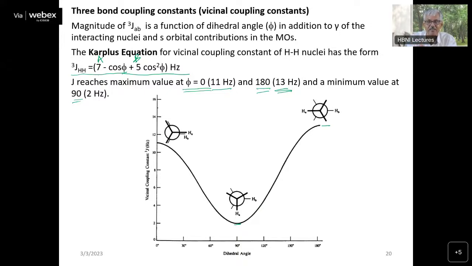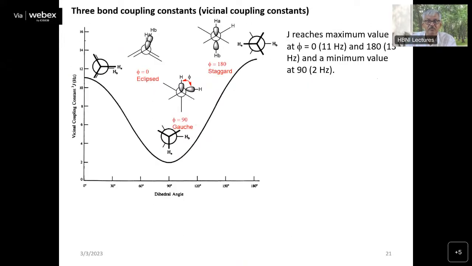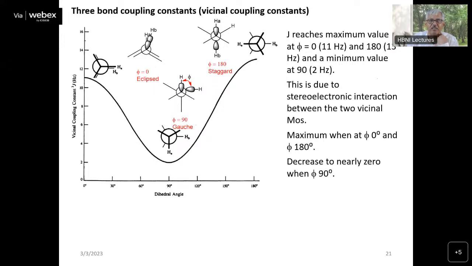Now let us see why there is this angular dependence. It is due to the stereoelectronic interaction between the two vicinal molecular orbitals. When it is eclipsed, these two molecular orbitals are interacting, so there is good communication between HA and HB. The back lobe of one and the back lobe of the other interact strongly, and you get a strong coupling influence between this hydrogen and this hydrogen.